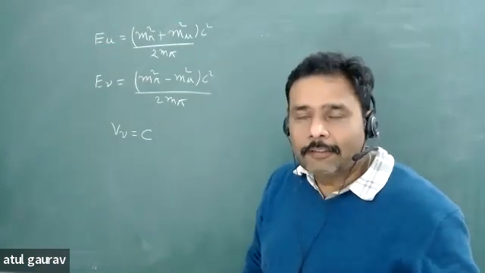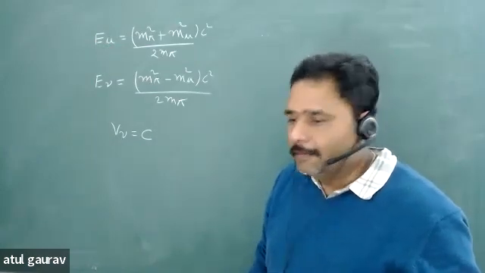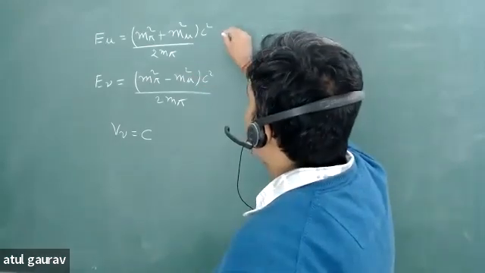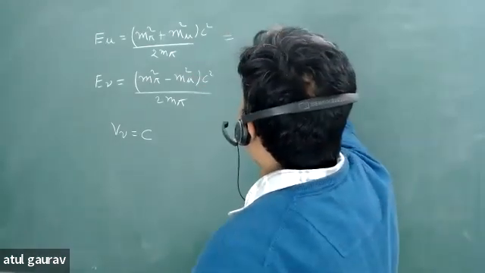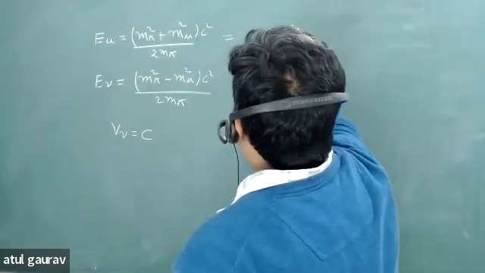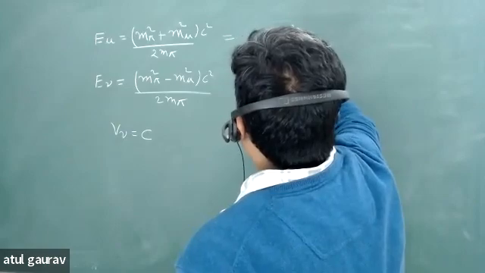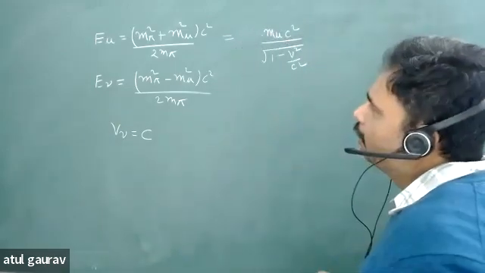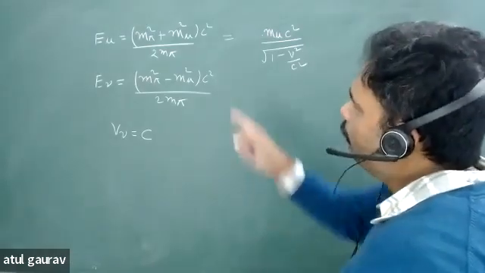Is it also C? No, sir, it will never be C. So what you have to do is use this expression and write m mu c square root under 1 minus v square upon c square. Let us assume v is the speed of muon.